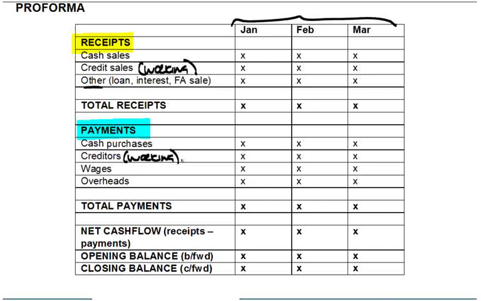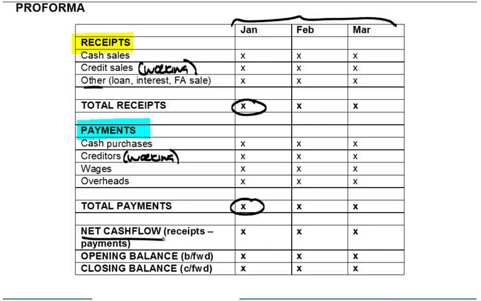Wages and overheads, those sort of things tend to be a bit more obvious and straightforward because they tend to be paid in the month in which the work is carried out. That's going to bring us down to our total payments, and for each month we're then going to take our total receipts less our total payments to give us our net cash flow in the month. So that may be an inflow or it may be an outflow depending on what's happened in the month.